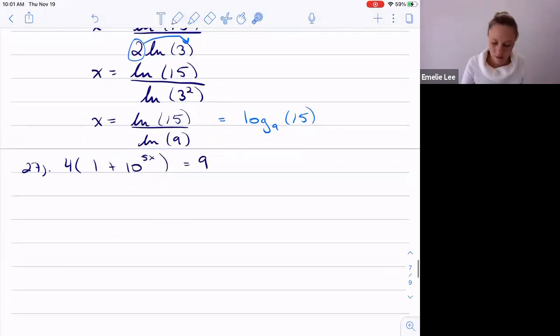Okay. So what I have to do is I have to isolate this exponential function, right? So I need to pick away until I just have the exponential function, which is what I can take the log of. And so that means I have to shift everything else over to the right-hand side.